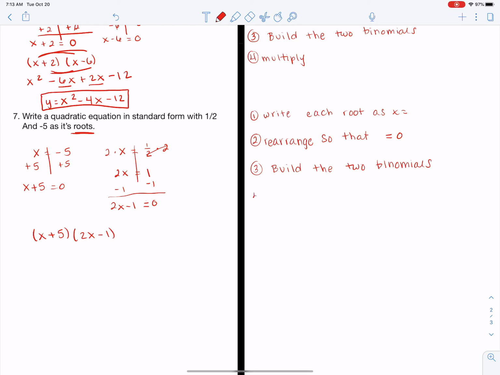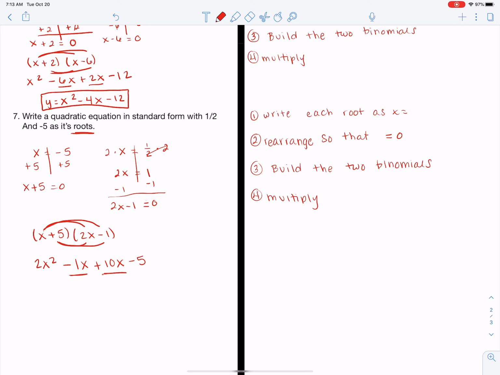Okay, step 4, multiply. x times 2x, 2x squared. x times negative 1, negative 1x. 5 times 2x, 10x. 5 times negative 1, negative 5.